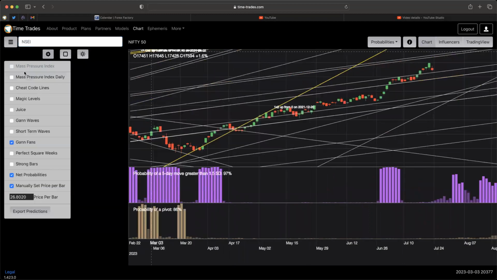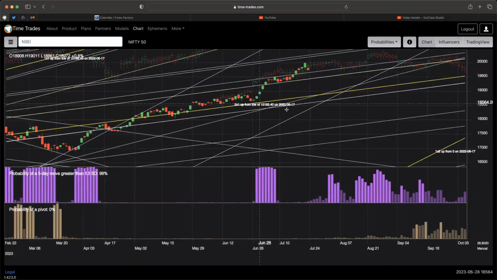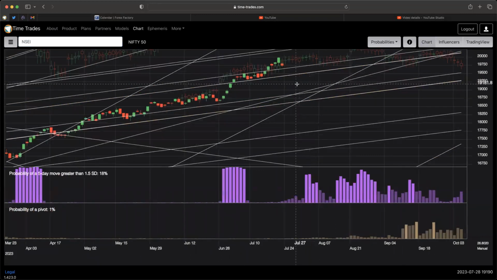So we can take a look at the daily mass pressure index to see what that's forecasting. And of course, Venus retrograde also affects Nifty. I haven't done a deep dive research on that. But it looks like we might be looking at more of a correction in time here with some sideways action until mid-August, similar to what we see in North American stocks.